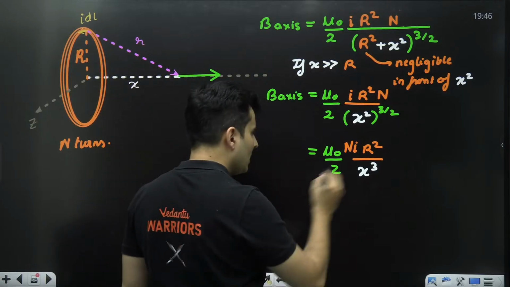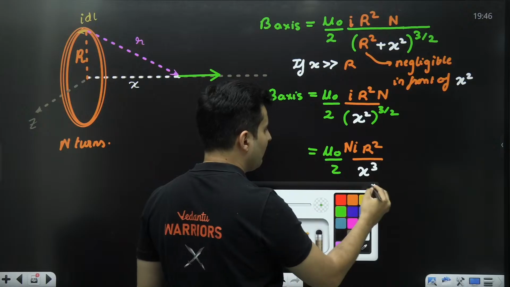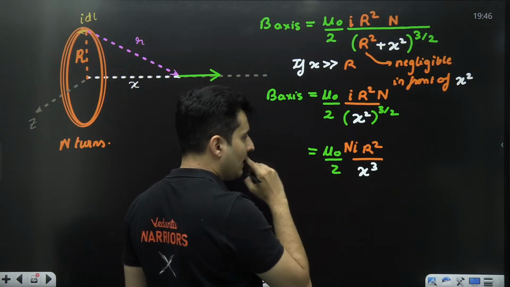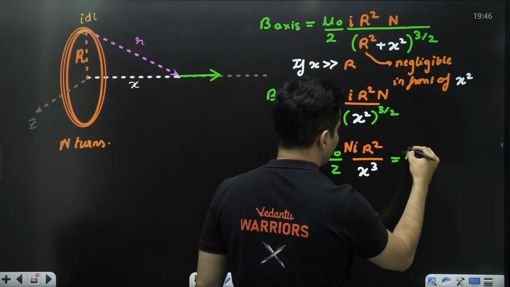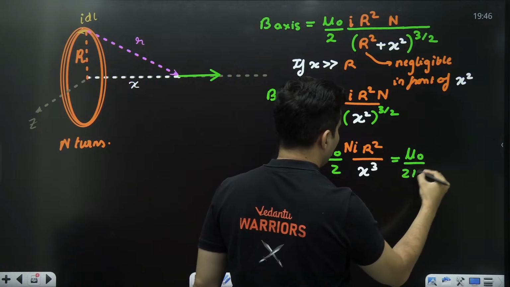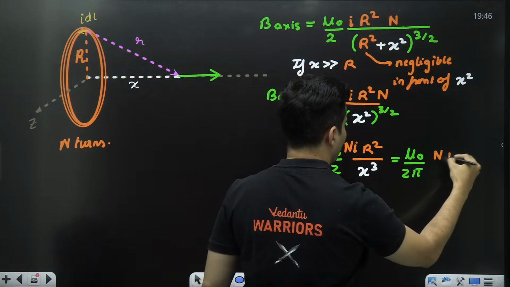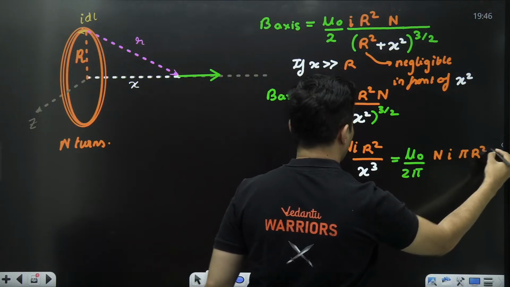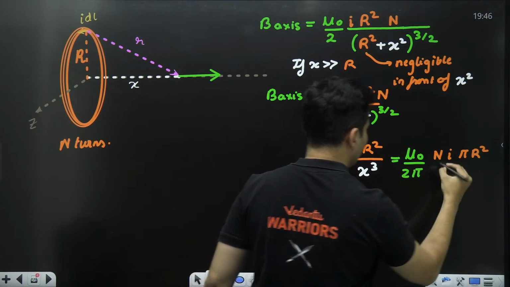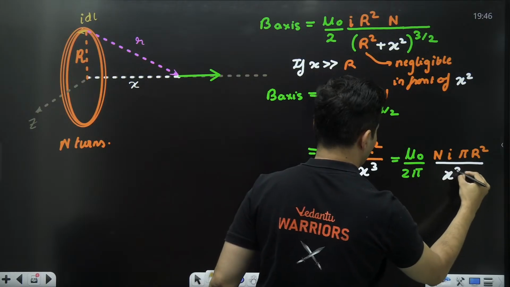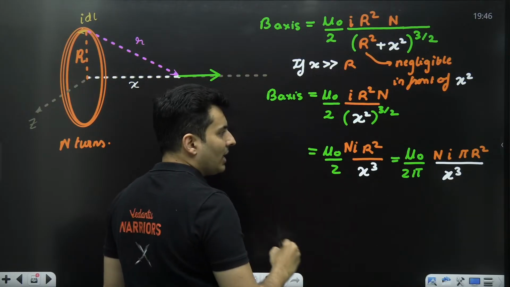Okay. Now what I will do, I will just multiply and divide by the number pi. So this will become mu naught by 2 pi, and then over here I have n I pi r square, and this whole thing divided by x cube. Notice what happens.